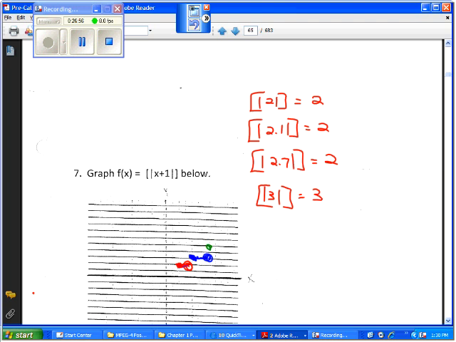It's not included here, but it's going to be included there, right? So what we're going to have is a bunch of these little guys. It's called a piecewise function or a step function. It's the greatest integer function, okay? Everybody kind of getting the idea of what's going on?